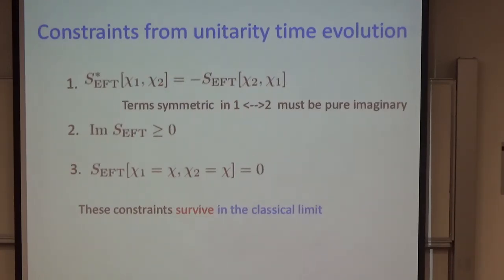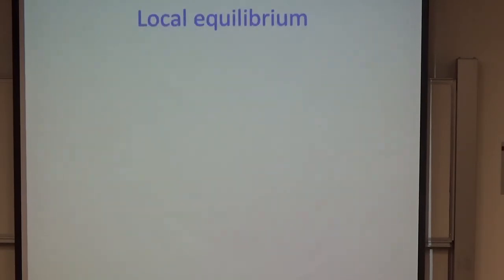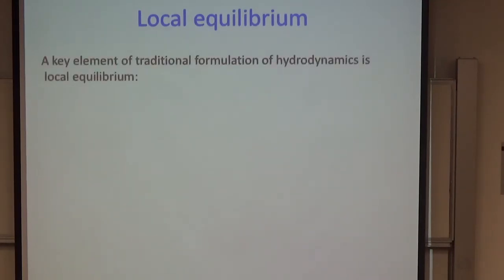The next thing you have to do is that, as I mentioned, hydrodynamics considers long-distance physics. Then each fluid element is actually in local equilibrium. That's a very important condition. For the standard formulation of hydrodynamics, you have to impose this local equilibrium by hand.